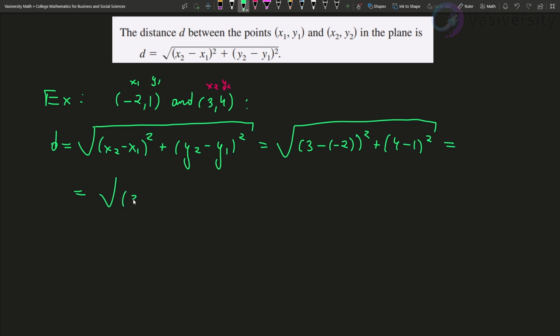So we're going to have 3 plus 2 squared plus 4 minus 1, that's 3 squared. 3 plus 2, that's 5. 5 squared is 25. Plus 3 squared, that's 9. So 25 plus 9 is equal to square root of 34. We cannot simplify it, so we're going to leave it as a square root of 34.